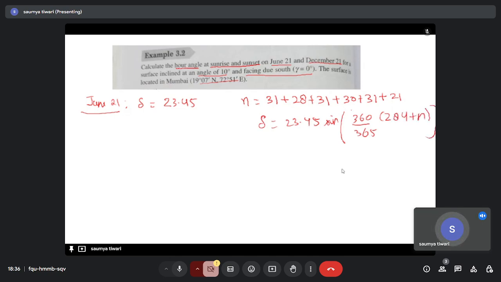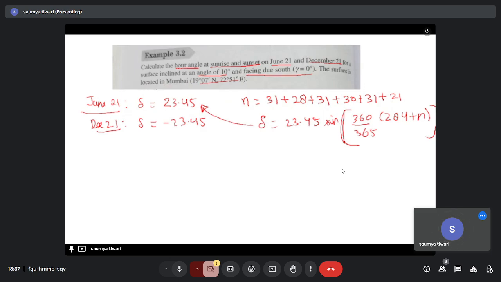The value for June 21 is, if you remember, summer solstice and winter solstice. So summer solstice is on June 21 and winter solstice is on December 21. For December 21, the declination angle will be minus 23.45. So the declination angle varies between plus 23.45 to minus 23.45.